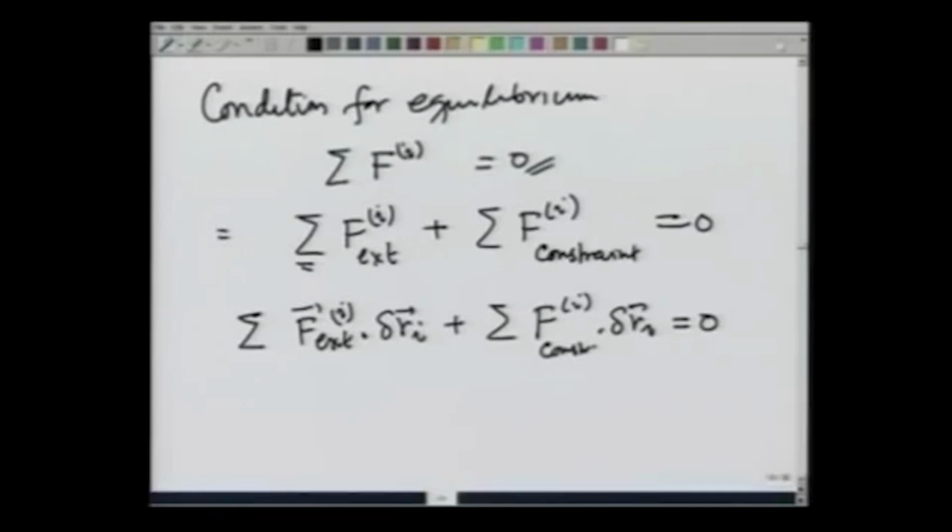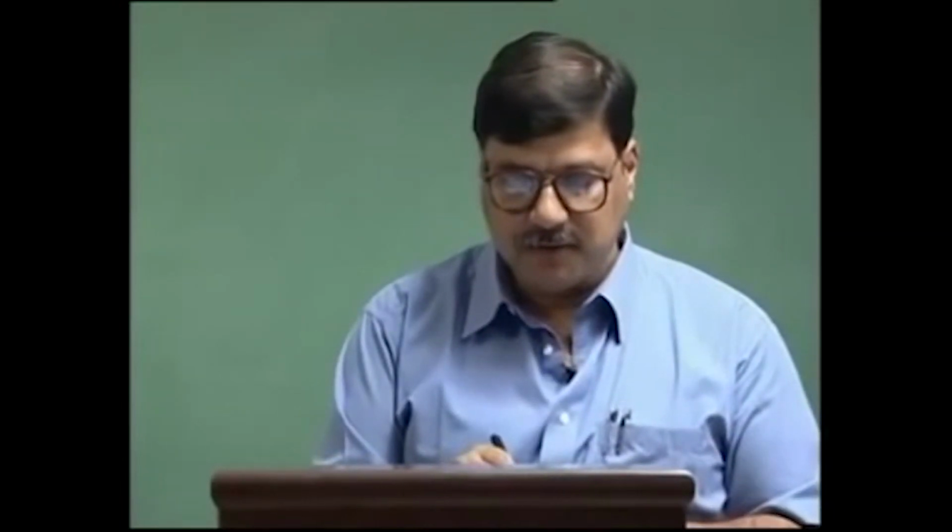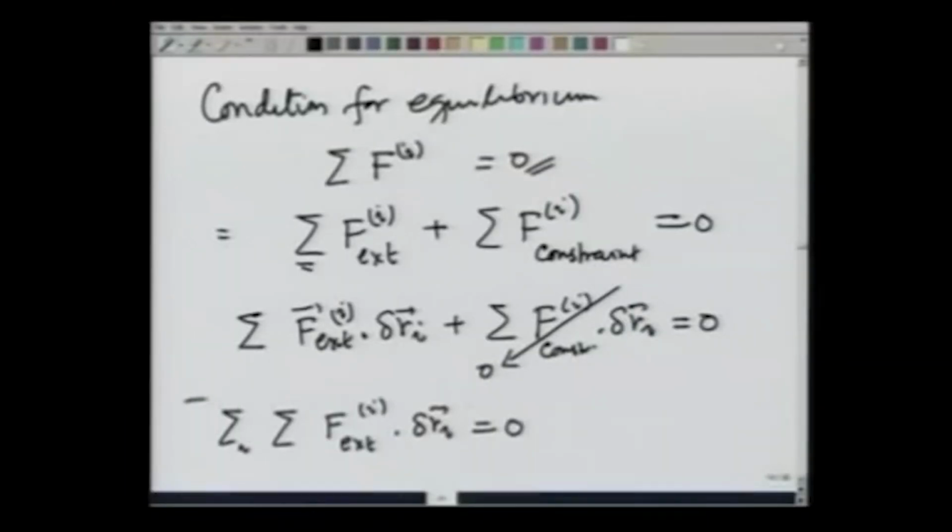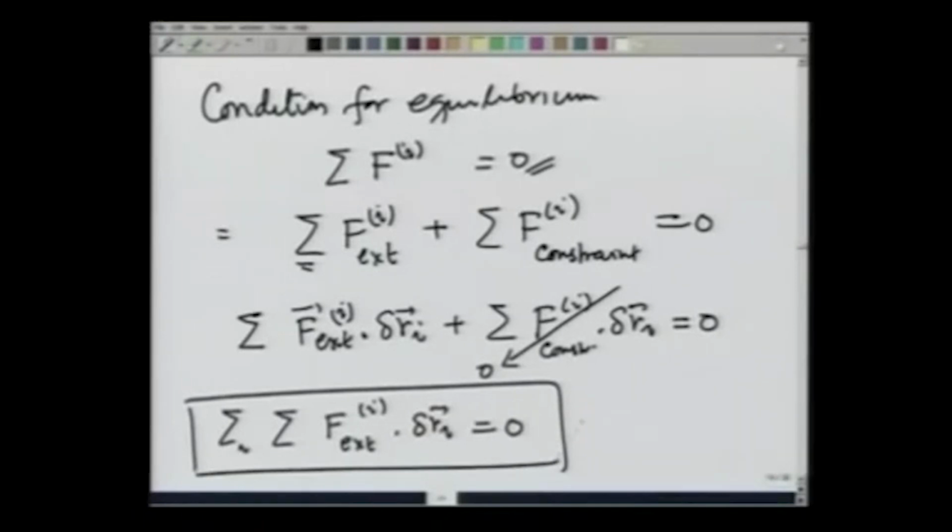However, we have already said that constraints do no work, therefore this second term vanishes, and this tells you that the work done by all the external forces together on each particle is 0. If the work done on each particle is 0, the net work, therefore summation over i, is also 0. This implies delta W, the virtual work external, is 0. We have proved the necessary part of the principle of virtual work.